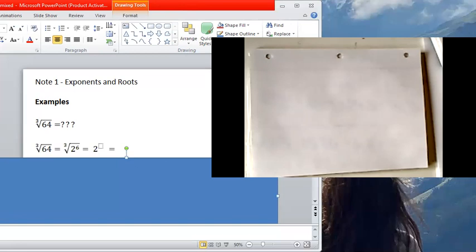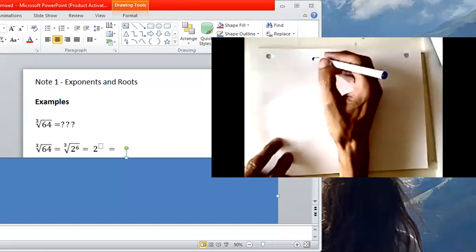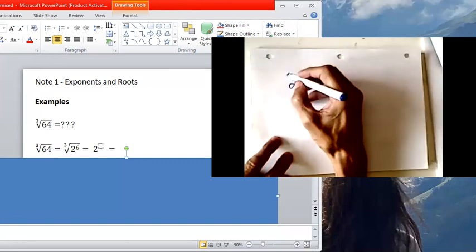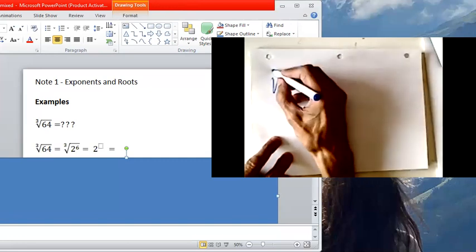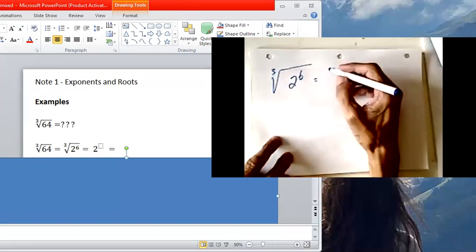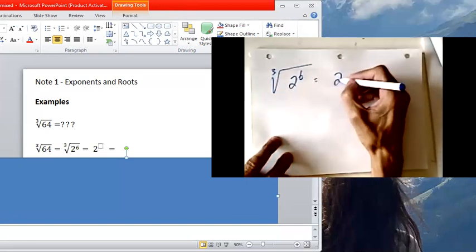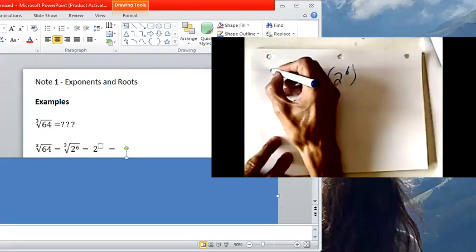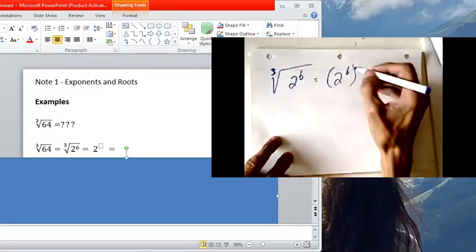All right, now this question might be a little out of order. Here's what we can do. 2 to the 6, cubed rooted. Yeah, this is a sneak look at a later topic. You see how this is a 3 here?